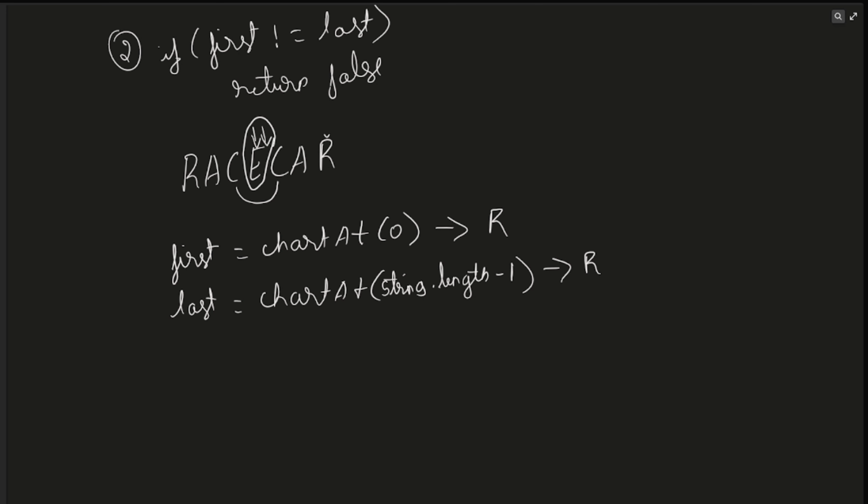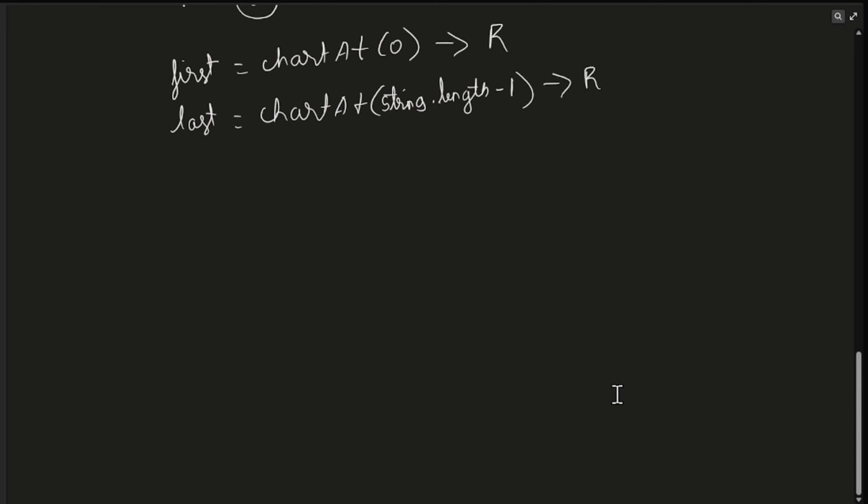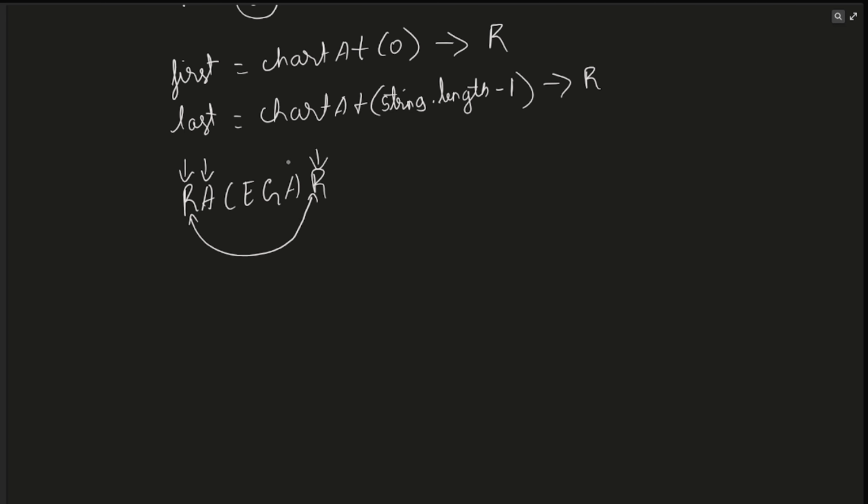Let me dry run for different string so that you will understand it clearly. I'll just take the same example and I'll change one character in it. First and last pointers are initialized. Check whether they are equal or not. They are equal. Move the pointers. They are equal.